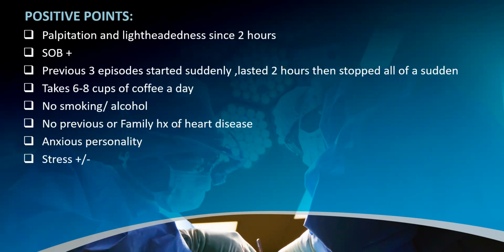So the positive points in this case were: the patient came to you feeling palpitation and lightheadedness for the last 2 hours, also having some shortness of breath. Previously, 3 episodes which started suddenly, lasted 2 hours and then stopped on their own. The patient also takes 6 to 8 cups of coffee a day, which is abnormal.